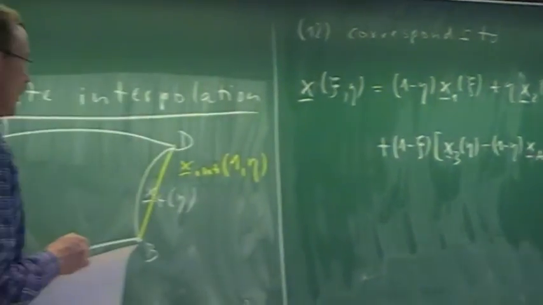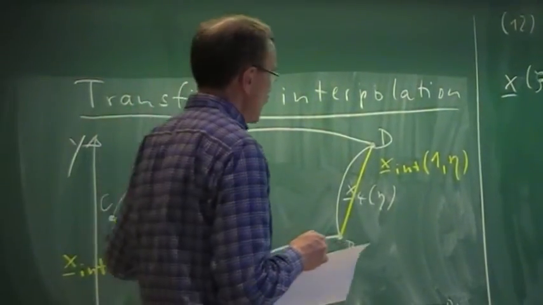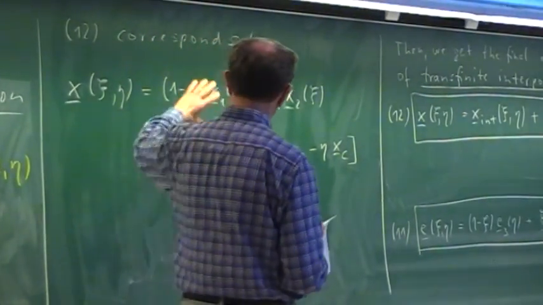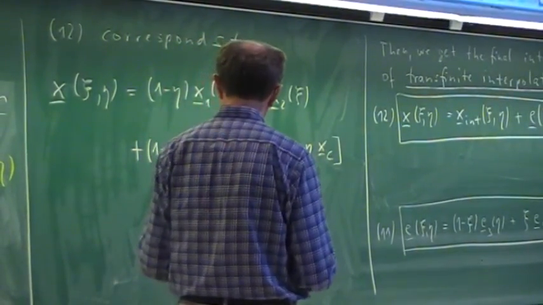So that was the error here that we subtract, so that we can retrieve in the end, when we compose, the correct left boundary.